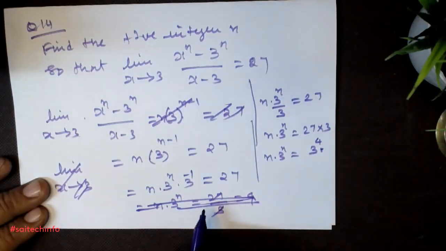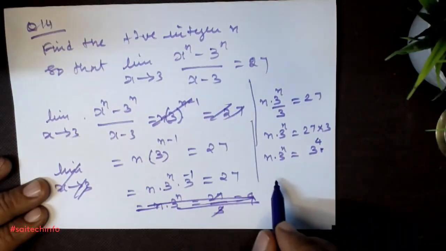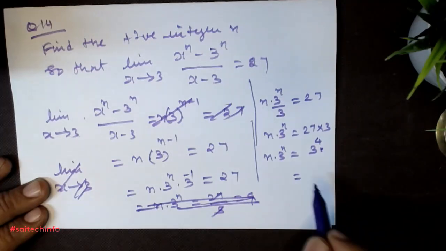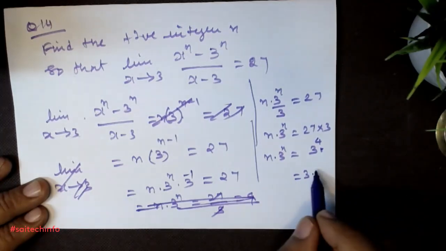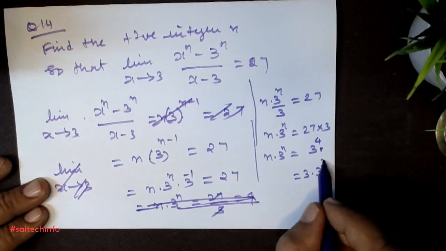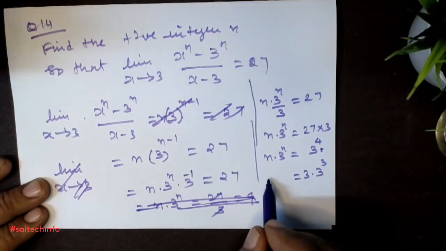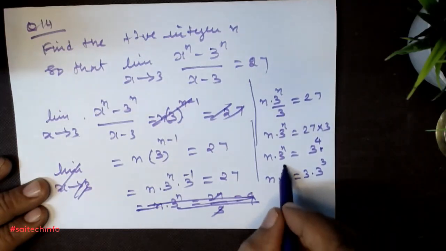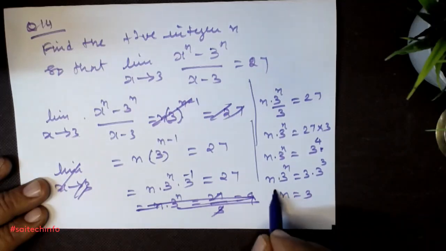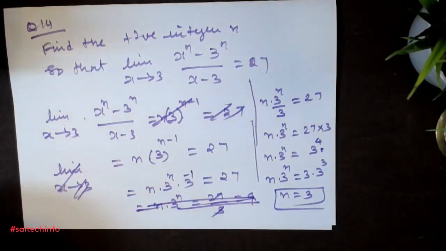Okay. So in that case you can split this as 3 into 3 power 3. Is it not? So n into 3 power n. In that case n is equal to 3. Okay. Right?